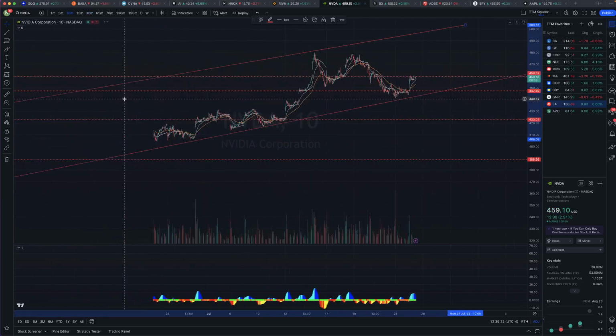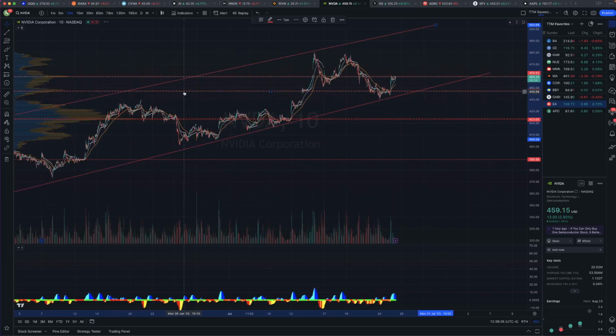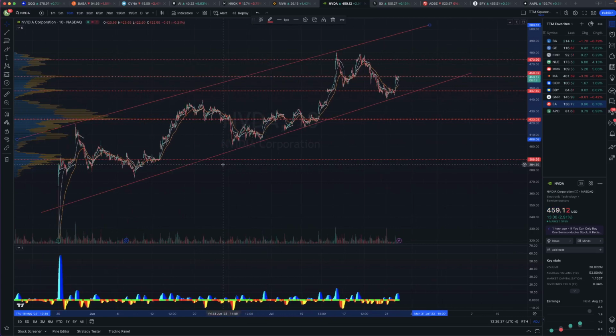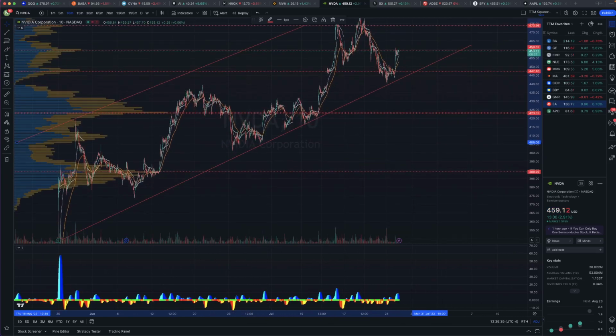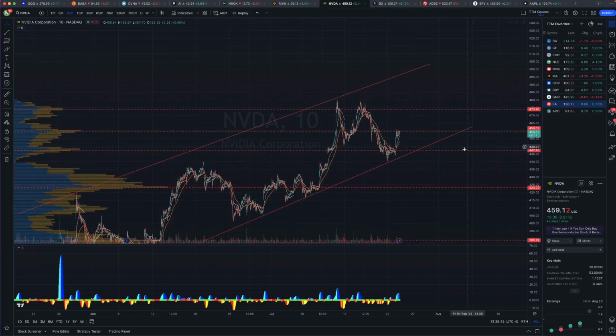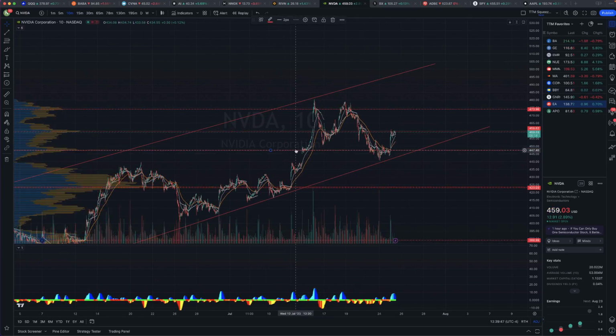So I'll drop into more of a 10-minute chart here. Yep, those levels match up fine. And then you're going to start to see a little resistance up into that area at 473.96. I'm going to adjust this one slightly. No, maybe I'm not. 447.60.